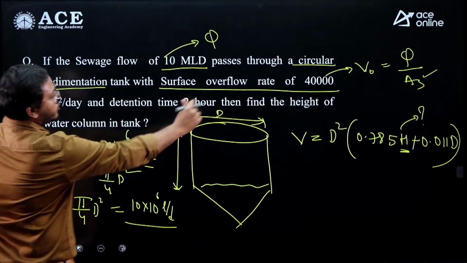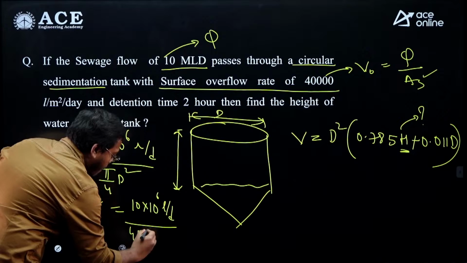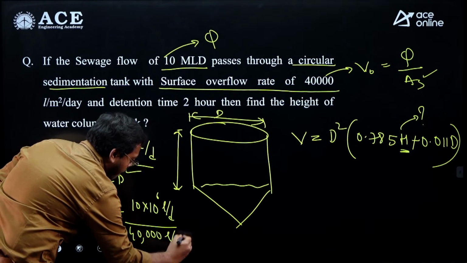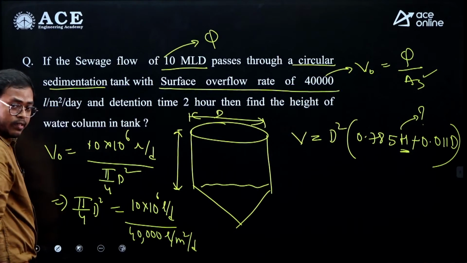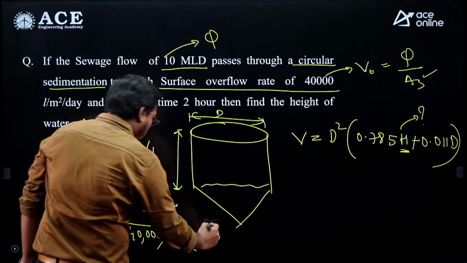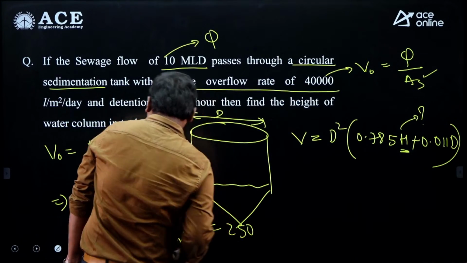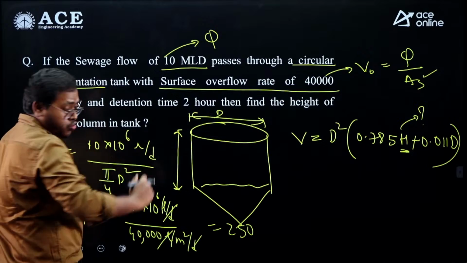And what is the V naught value given? 40,000 liter per meter square per day. Can I cancel anything here? Yes, of course, liter, day. So meter square will go up and you will be getting approximately 250. So the surface area is 250 meter square.